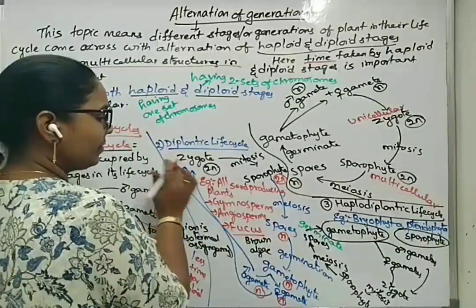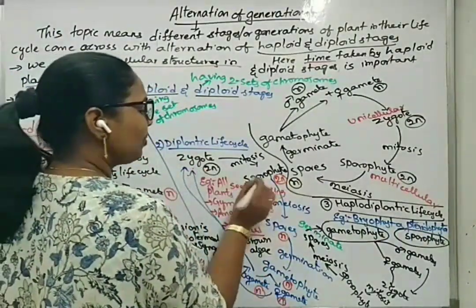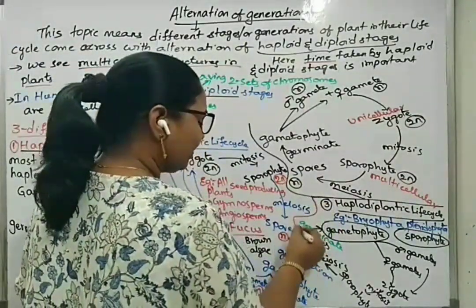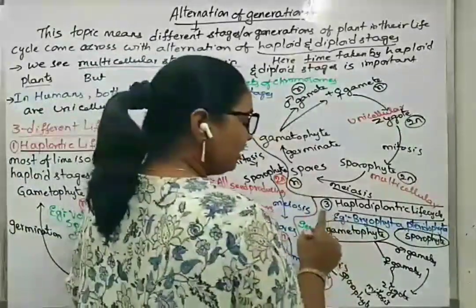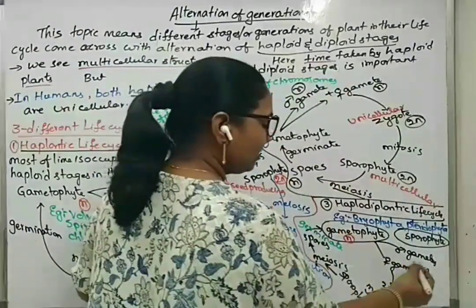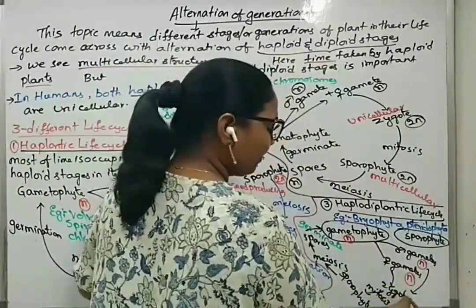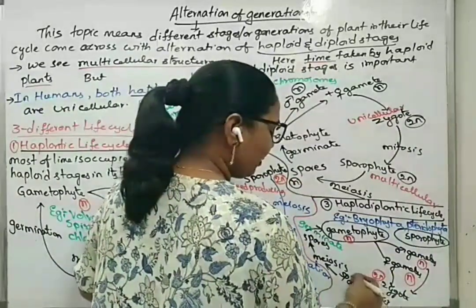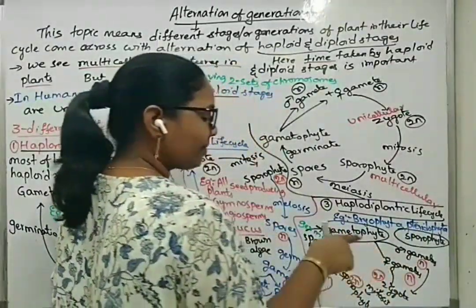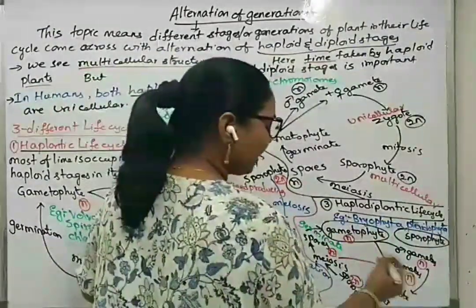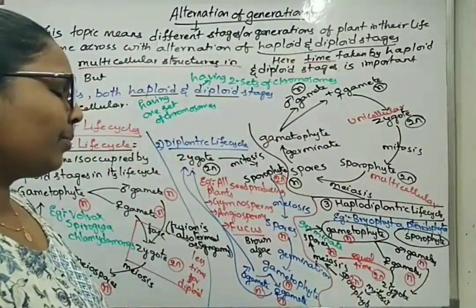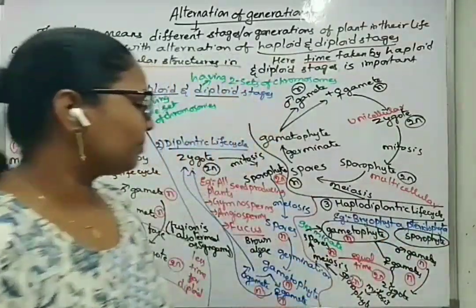But still more time is occupied by the zygote and sporophyte, so it is called the diplontic life cycle. But in the haplodiplontic life cycle, the time taken by haploid stages and diploid stages is equal. Spores, gametophyte and gametes are the haploid stages. Equal time is taken by both haploid and diploid stages in Bryophyta and Pteridophyta.